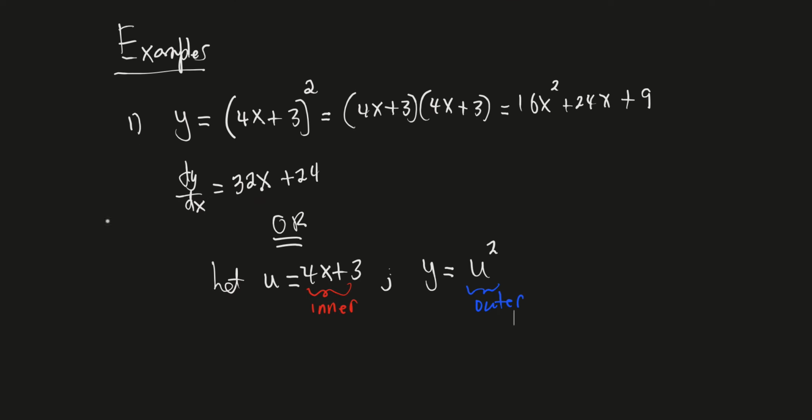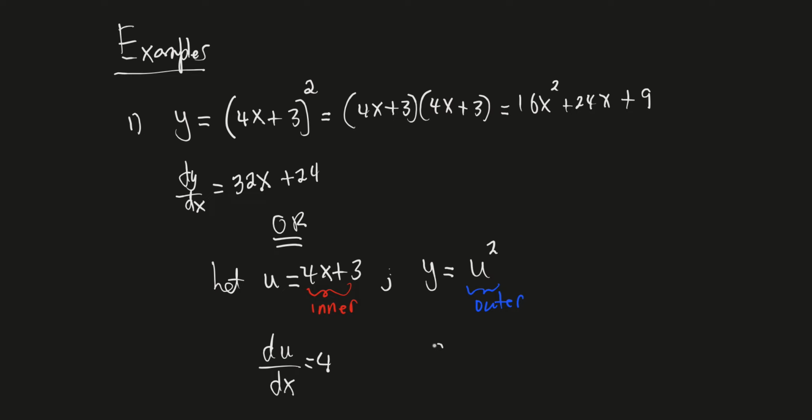So let's differentiate this one. du dx is just going to be 4, because when you apply the power rule to this term, you bring the 1 down, you'll have 4 times x to the 0, which is 1, and then plus the derivative of my constant, which is 0. So that's du dx.